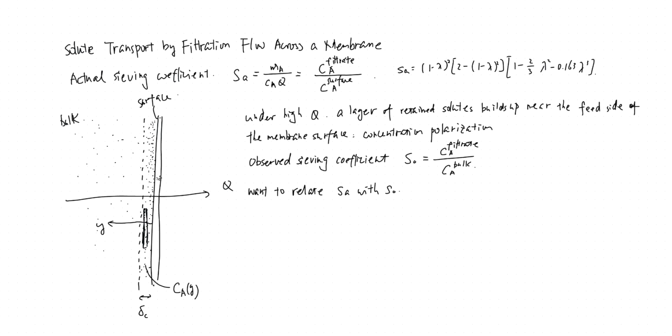Because the control volume is so thin, you can assume that the concentration within the control volume is the same everywhere. You can collect the terms. At steady state, because of the filtrate, you would have mass transfer into the control volume from the left-hand side. This is due to the filtration.